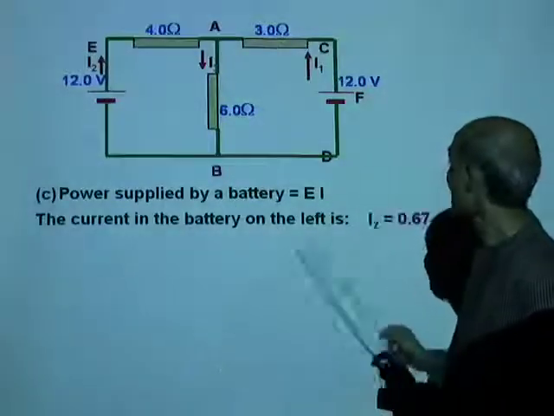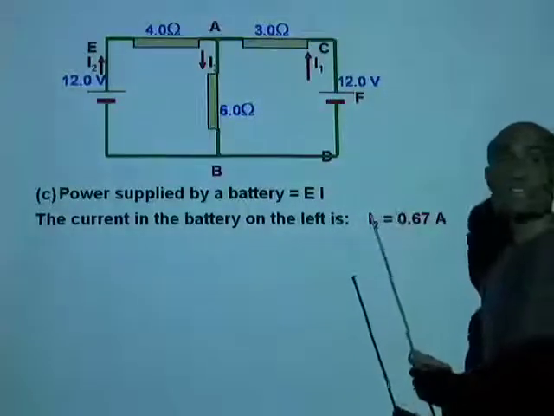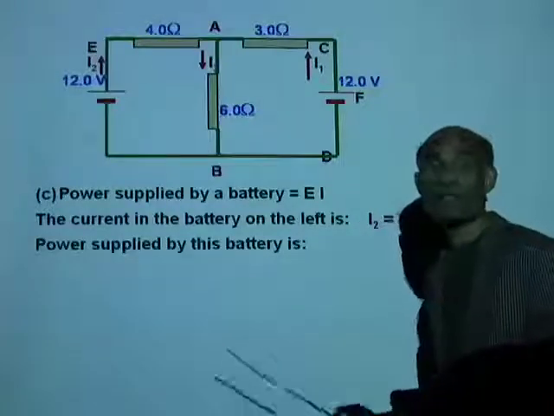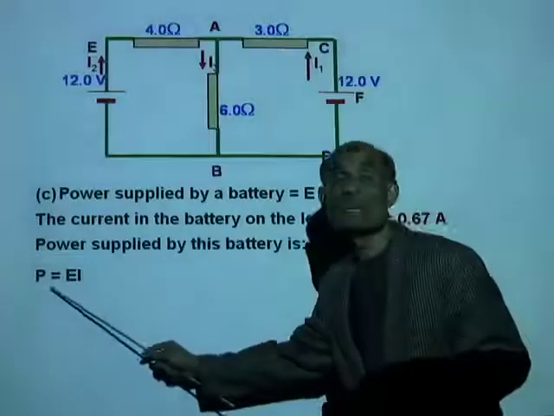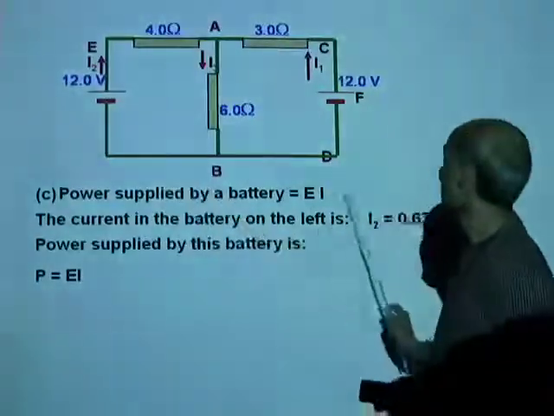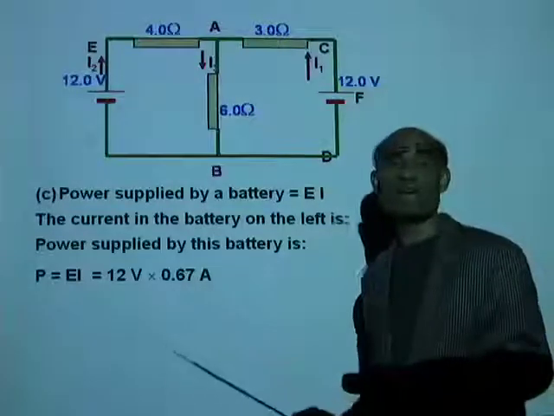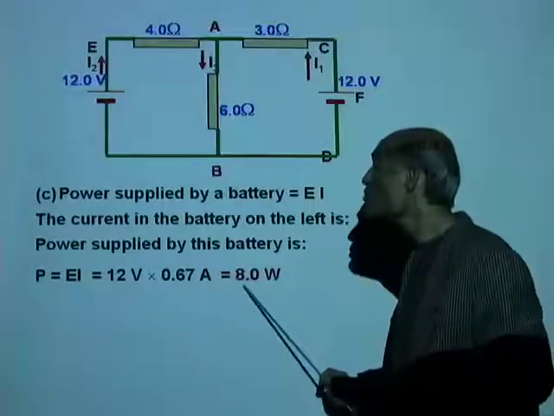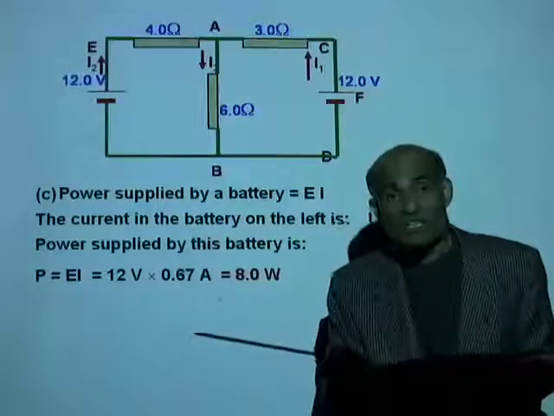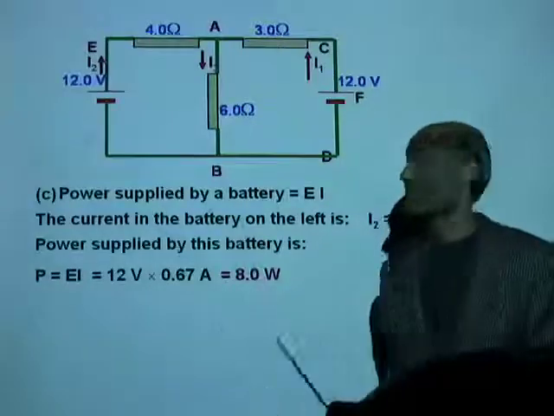The current in the battery on the left, I2, is 0.67 ampere. Therefore, the power supplied by this battery is P equal to E times I. That will be 12 volt multiplied by 0.67 ampere, that is 8 watt. So the battery on the left supplies 8 watt of power, 8 joules per second.